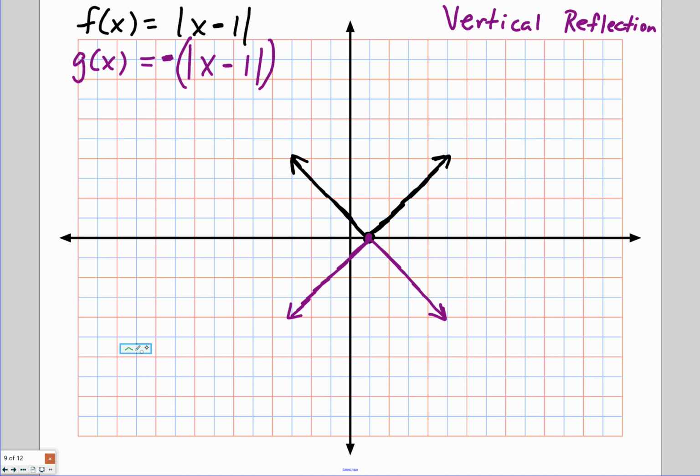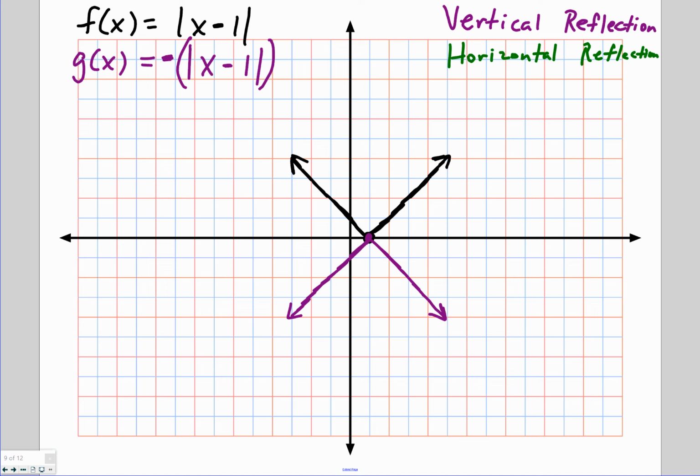All right. Green one. Horizontal reflection. So now I go back to the original up here in black. The original is at 1, 0. When I reflect it horizontally from the right to the left, that means my new vertex is what point?